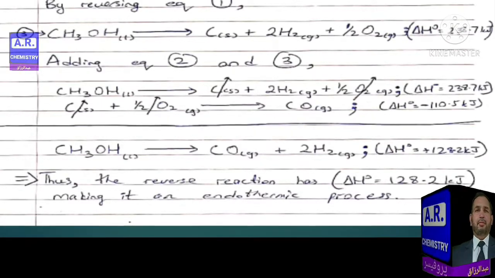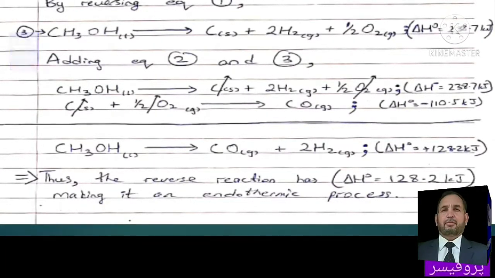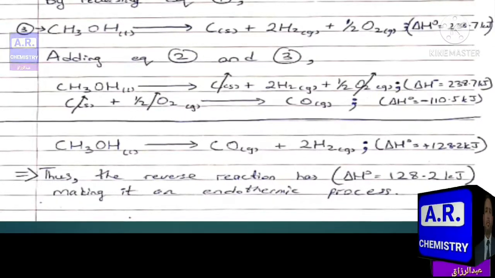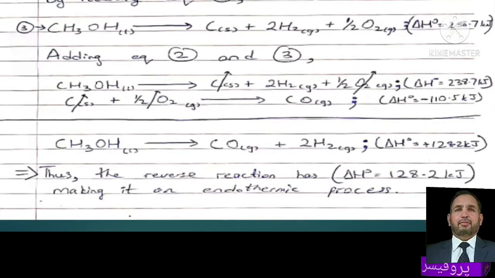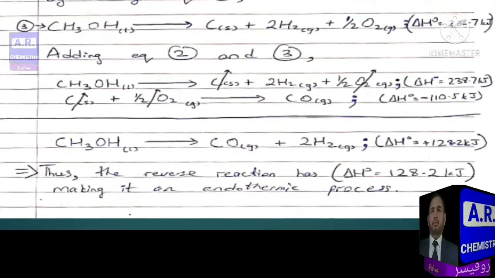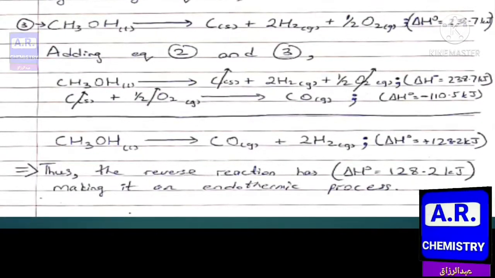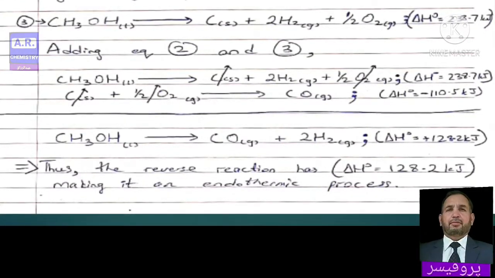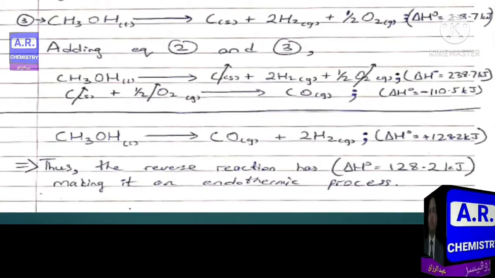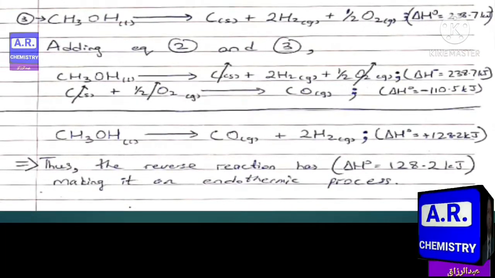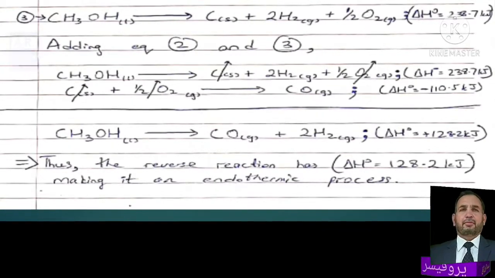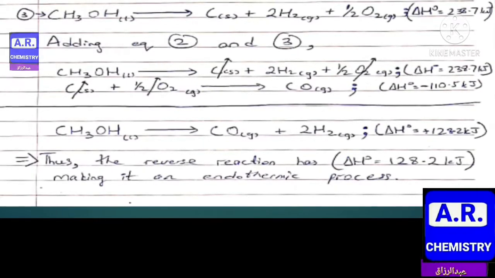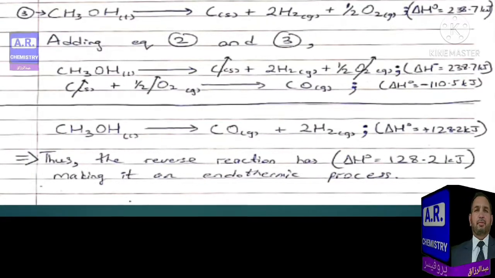I have already told you that this is obtained by reversing the equation. Now you obtain this equation after the addition. So what would be the enthalpy value? That is written in front of it: CH3OH gives CO plus 2H2, and the enthalpy value is positive 128.2 kilojoules.